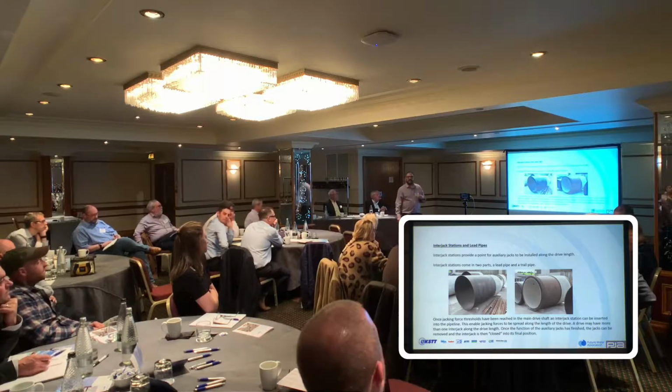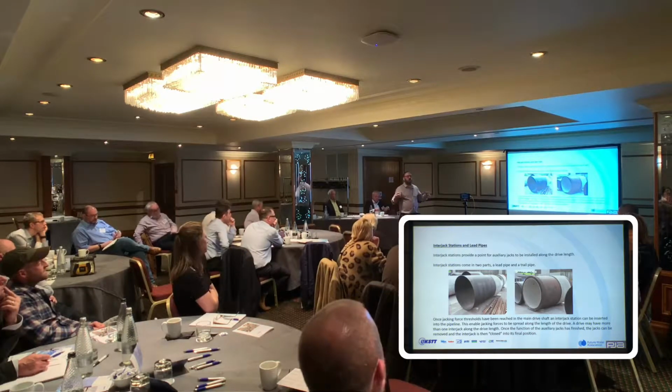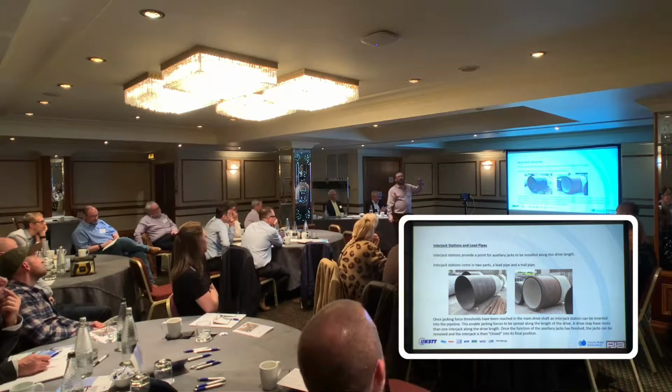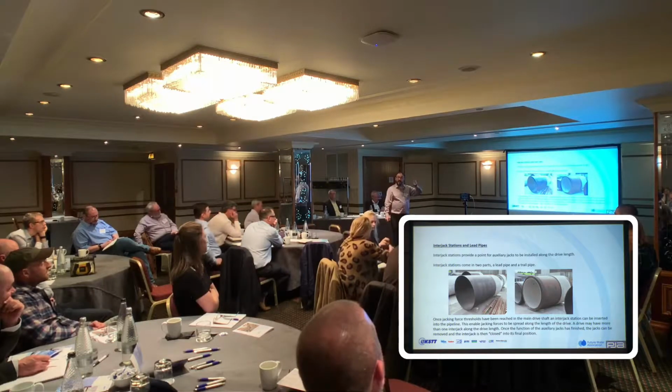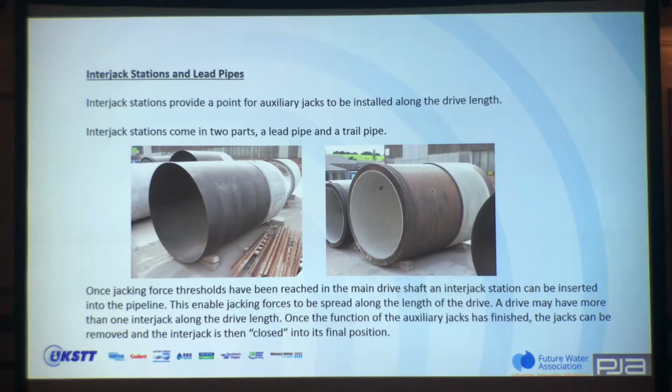We've touched on interjack stations a little bit. So the interjack station works as a whole, but comes in two parts. So you've got the lead and you've got the tailpipe. Once your jacking forces in the main pit have been approaching where they want to be, you can then install an interjack to have some intermediary jacks in there to spread the load along the pipeline.